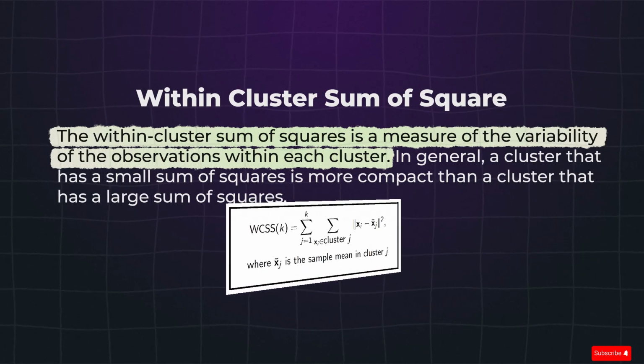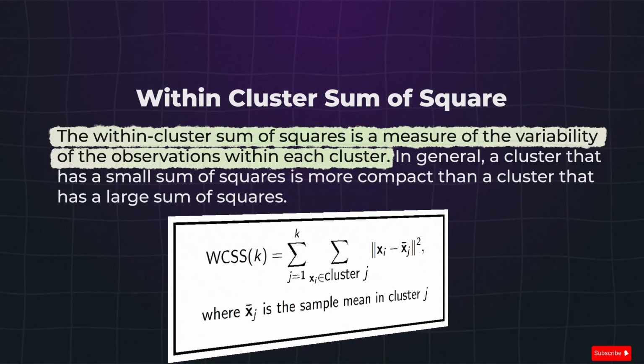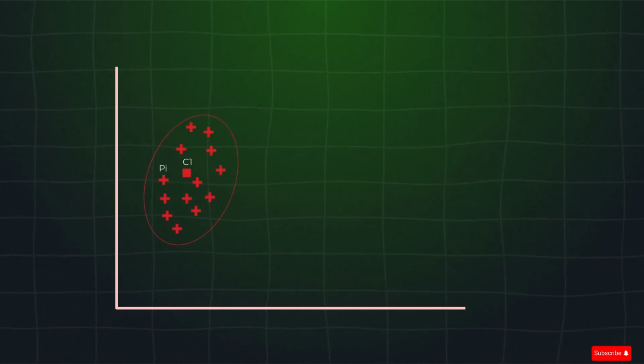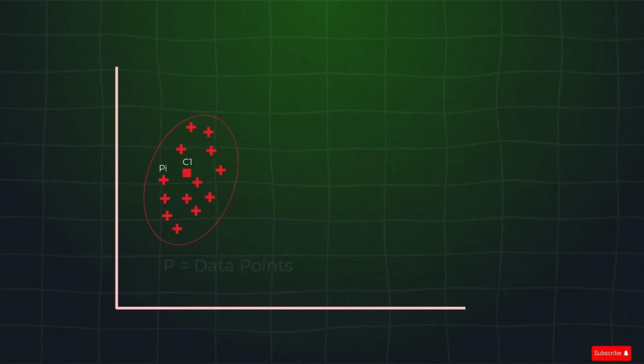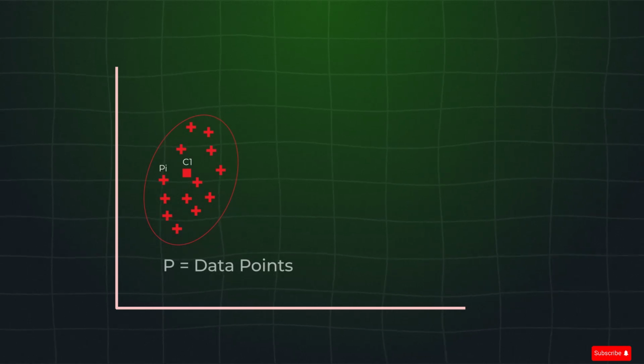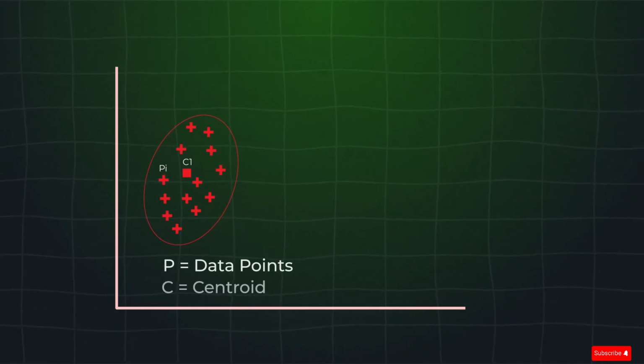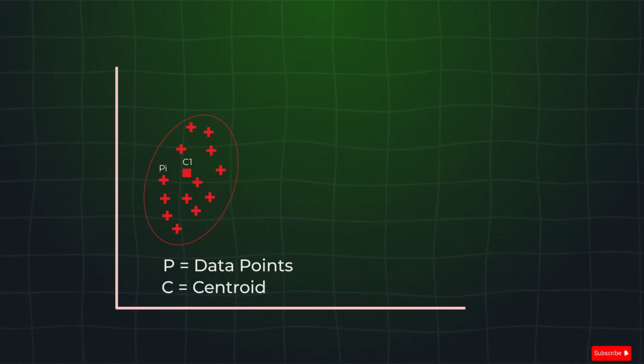After our definition, this is our formula for WCSS. Now we will see our number of clusters. First, we have cluster number 1, where P1 explains the data points and C1 explains our centroid.